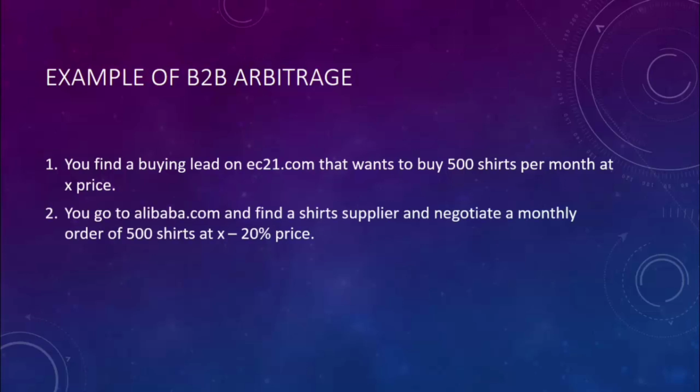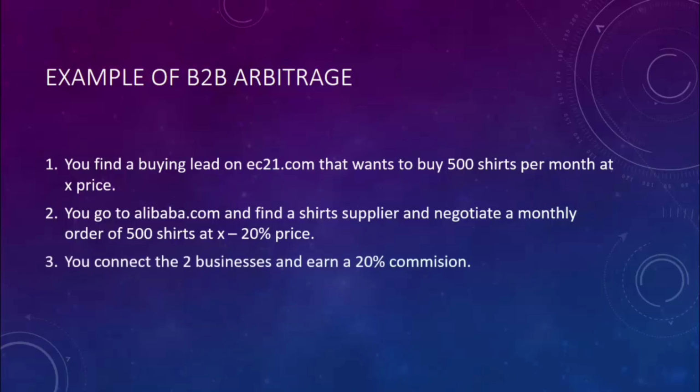You go to alibaba.com, which is the biggest business to business online marketplace in the world, and find a shirt supplier and negotiate a monthly order of 500 shirts at X minus 20% price. What you will practically do in this situation, you will connect the 2 businesses and earn the 20% difference from the price. That means a 20% commission for you, which will be profit for you.